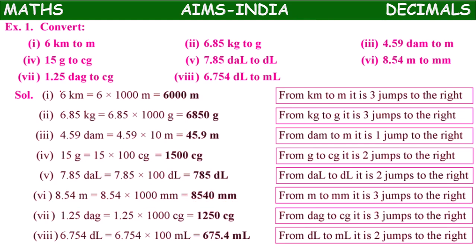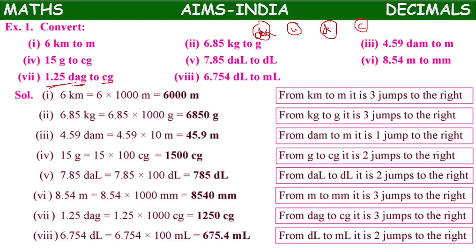Next, 1.25 decagram to centigram. Here this is the unit value. Less than unit, deci. Less than deci, centi will come. More than unit, deca will come.